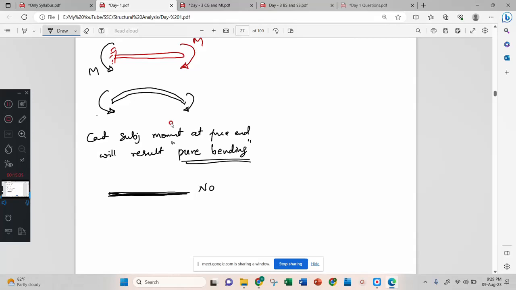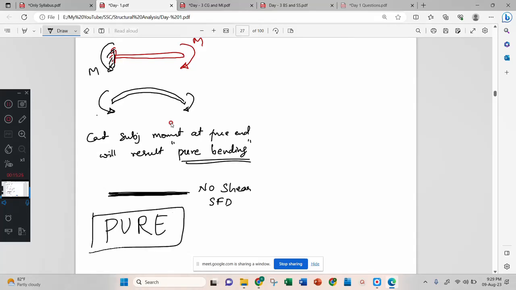The shear force diagram is just a line, no SFD will come. Therefore, this beam is subjected to only bending and it is bent. Therefore, this is pure. There is no shear, there is no other type of internal stresses developed in this type of beam.